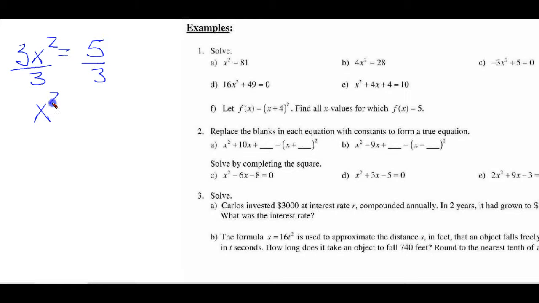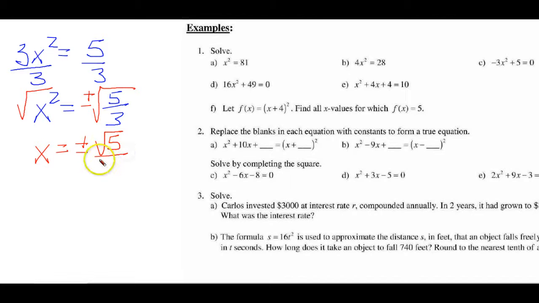We get x squared equals 5/3. Now what do we do? Well, we take the square root of both sides. This is going to become plus or minus the square root of this. So we have then x equals plus or minus the square root of 5. Remember, I can write it this way, over the square root of 3.